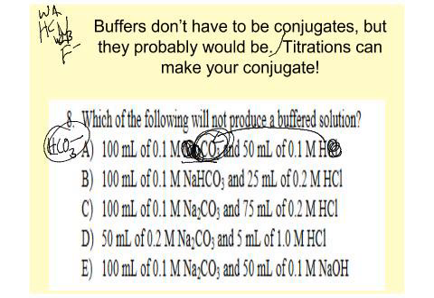Carbonate and hydrogen carbonate are conjugates of each other, so that would be a buffer. And HCO3 negative and HCl, a strong acid, that's going to go away. The H positive is going to react with HCO3 negative and give you H2CO3. So now I have another buffer system.